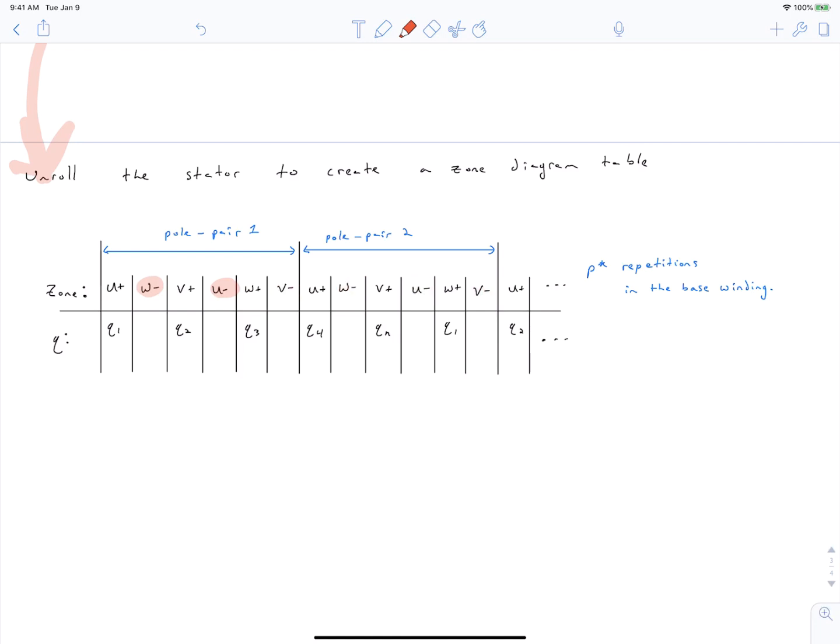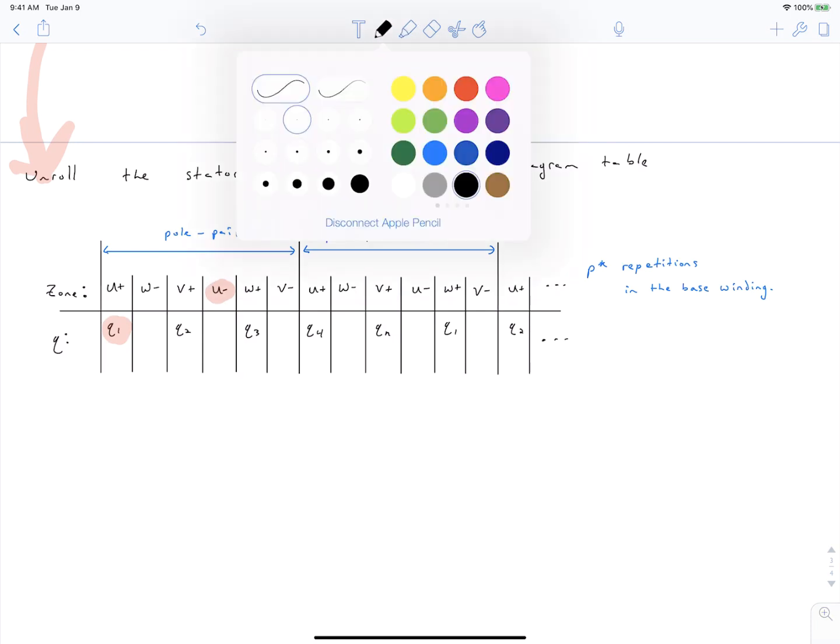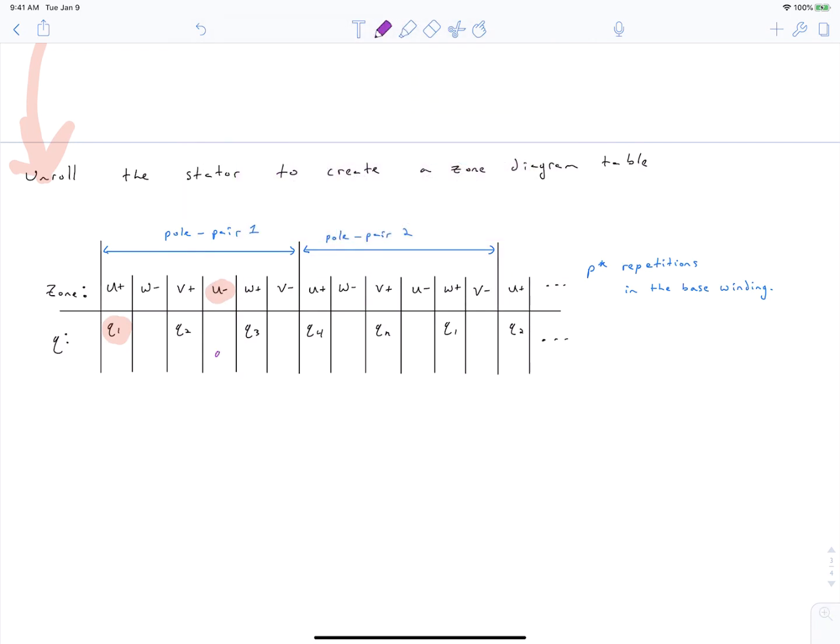And we'll do that by realizing that our coil needs the same number of coil sides on both sides. So if we have got Q1 slots here, our next phase zone of U minus must also have Q1 slots. And I'll label this with a prime. I'll say this is Q1 prime because it's the return coil side. And we can say that V plus has got Q2 slots, therefore V minus must also have Q2 in it.